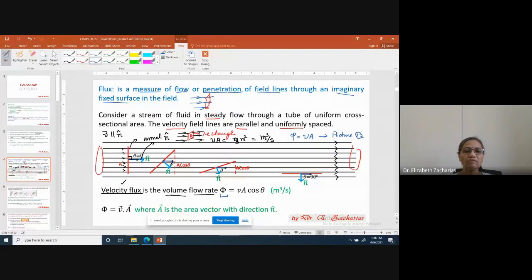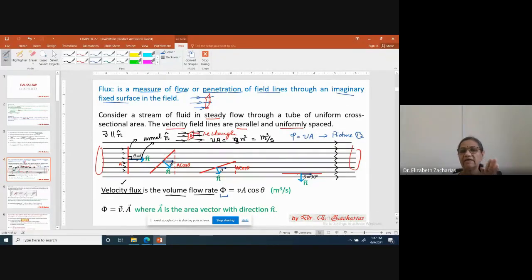So you can just count the number of lines and then say that it is proportional to the flux or the volume flow rate. So now in the first picture you see how many lines are penetrating. 1, 2, 3, 4, 5, 6. Now come to the second picture. 1, 2, 3, 4, 5. Less. Now go to the third picture. 1, 2, 3. Only 3 lines are penetrating. Go to the last picture. No line is penetrating this area. Okay? So that means it is just not V and A that are important. It is also the angle that is important.